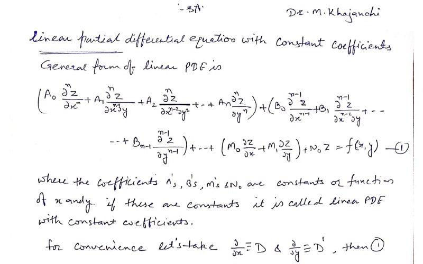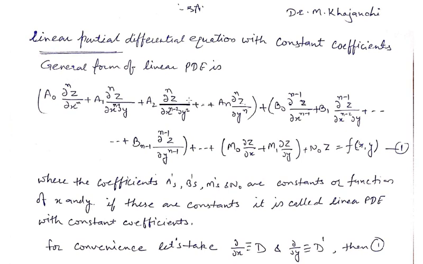As we know, a partial differential equation will be linear if the power of the dependent variable is 1. Here z is the dependent variable and x and y are independent variables. So in the given equation the power of z must be 1, and also the power of derivatives of the dependent variable should be 1.